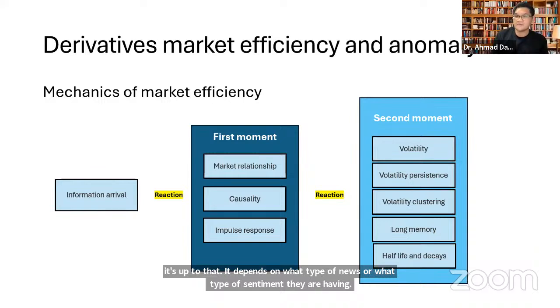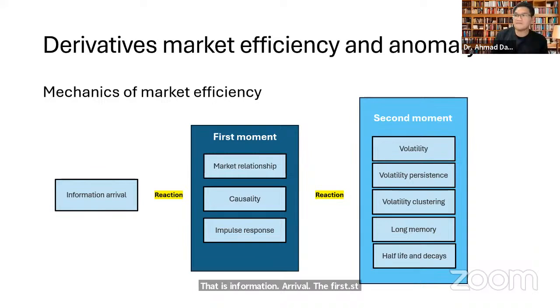After they react, we have a second stage. We call it the first moment. Let's just say the information for FCPO is already reacted to, and the FCPO traders already responded to the news.